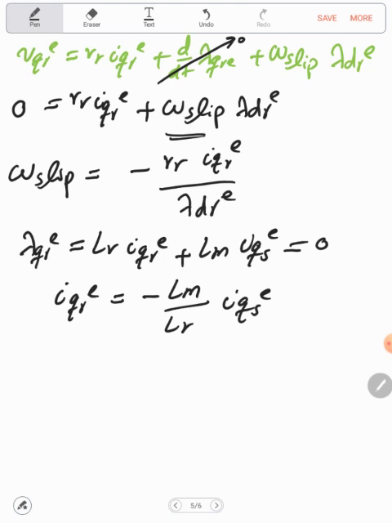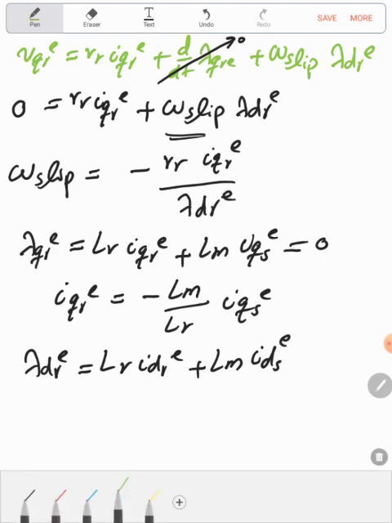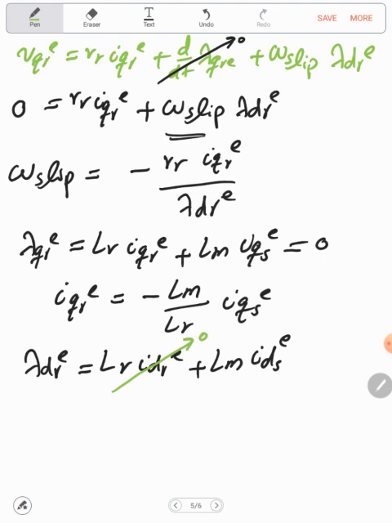And the flux linkage in the D direction, lambda DRE, is equal to LR IDRE plus LM IDSE. Now we know from the vector orientation that IDRE is equal to 0. So we end up with lambda DRE, which equals lambda R, equal to LM IDSE.